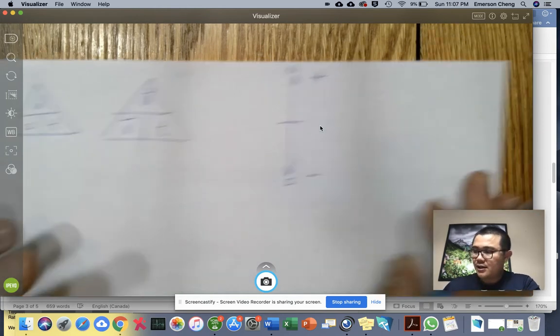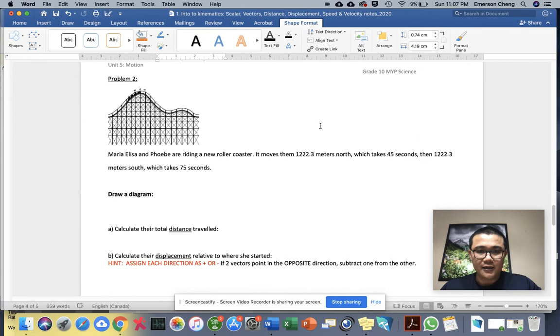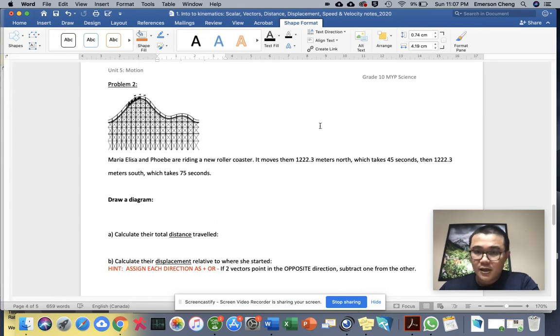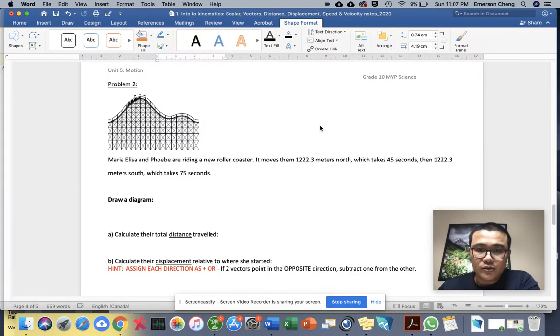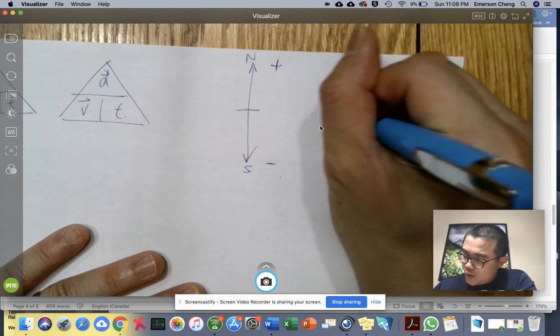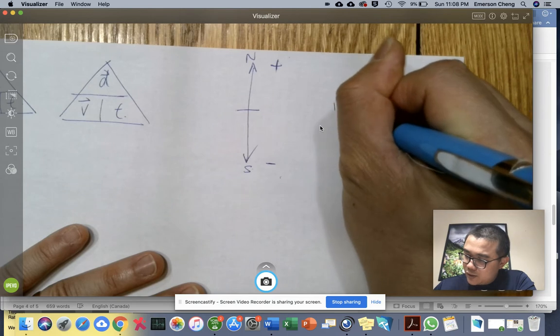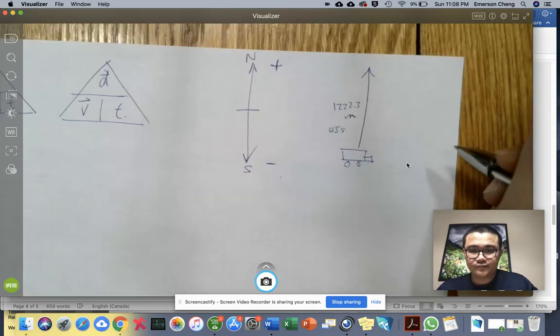So in this case, we have a roller coaster. Let's just say that's a roller coaster. It moved 122.3 meters north, so it goes this way, which took 45 seconds.